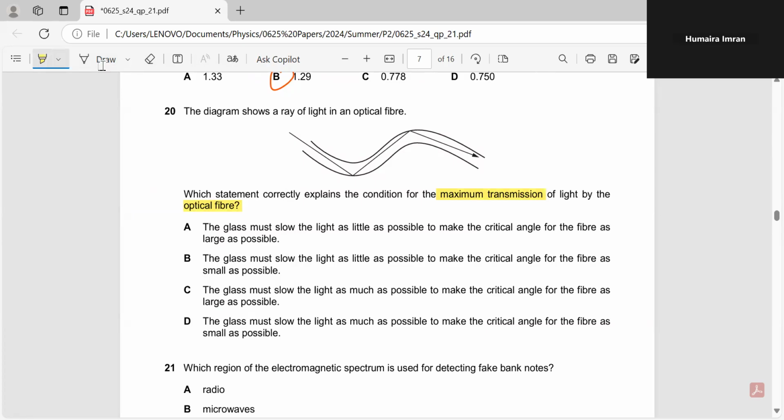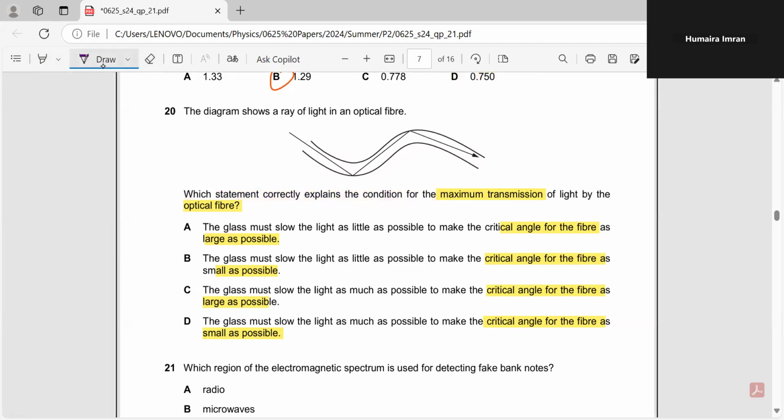The options are critical angle for the fiber as large as possible, or critical angle for the fiber as small as possible. So we need to make the critical angle as small as possible for the maximum transmission.